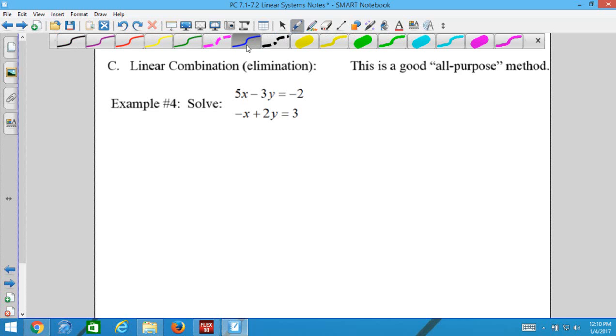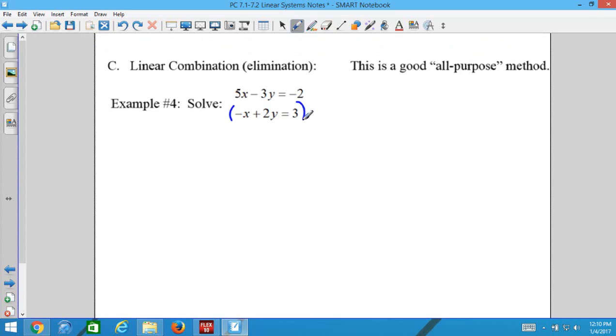All right, so elimination. Elimination is the kind where you add them up, and you either cancel out the x's or you cancel out the y's when you add them, but it doesn't happen if I just add those. So we have to do something to make it cancel. Do you remember this? You take one of them and multiply it by, well, I don't want to cancel the thing that I have to do less work for.